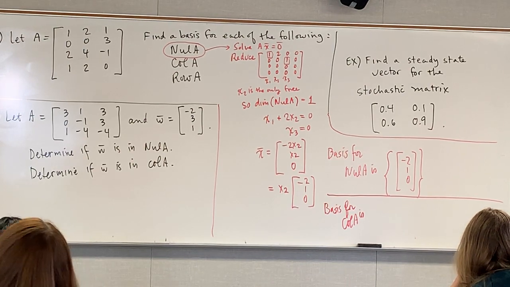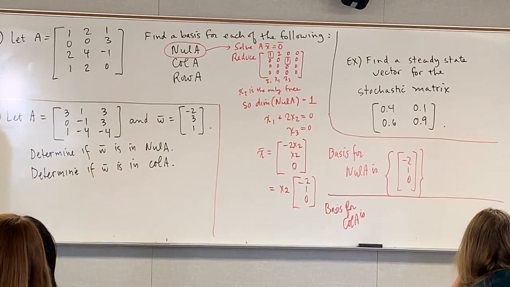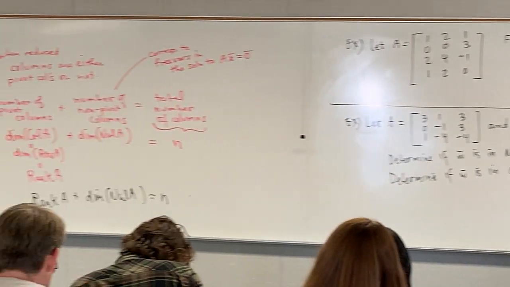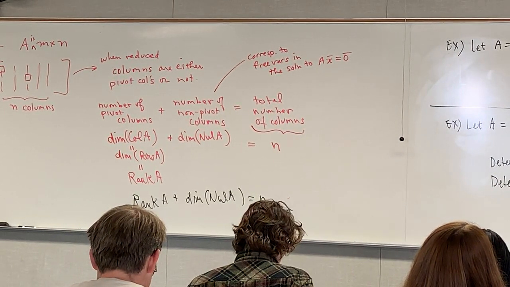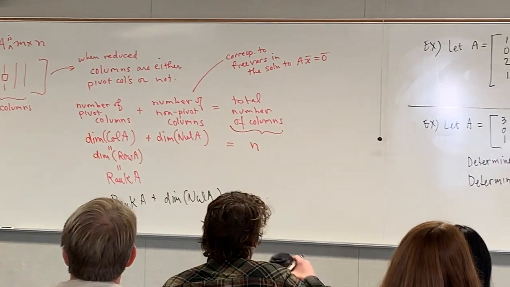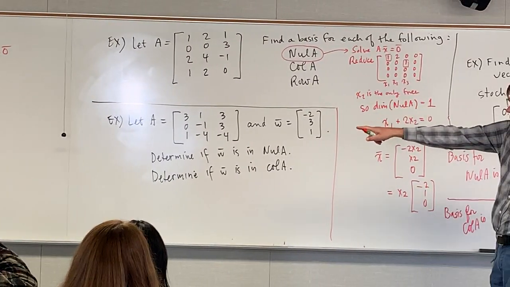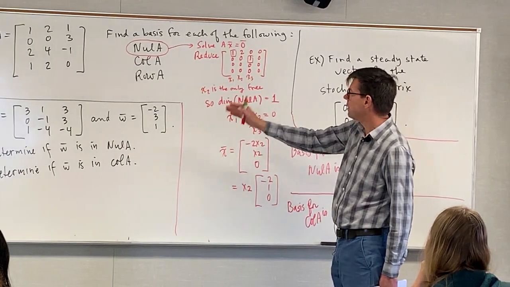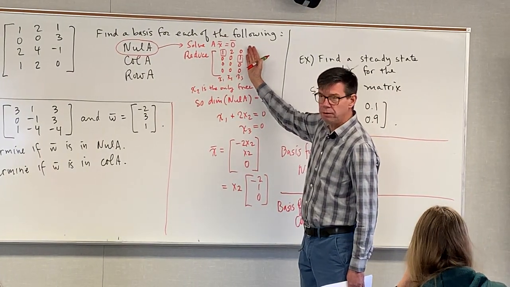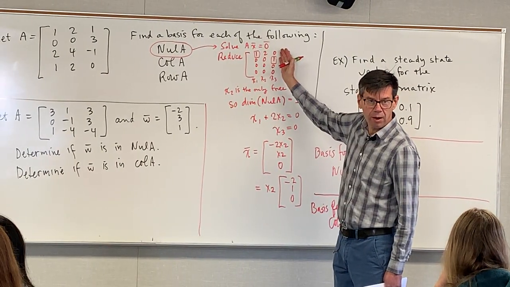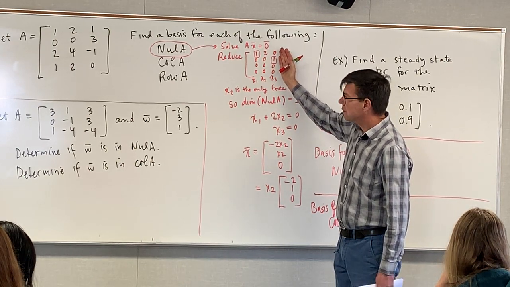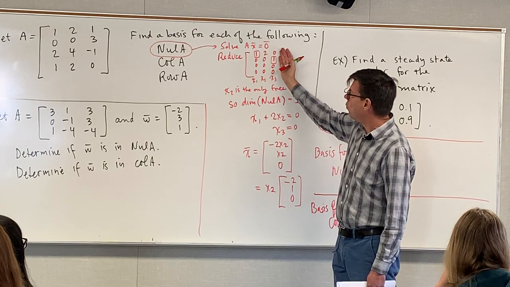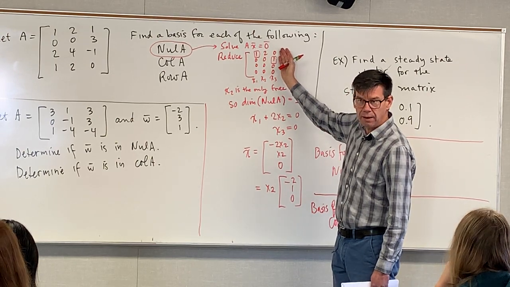Now, if you're looking at this rank equation, you might say, wait a minute, weren't there 2 non-pivot columns? Is that bothering anybody here when you look at this? So the rank equation applies only to the original matrix being reduced, not the augmented matrix. So it only talks about A. So in that rank equation, there's only one non-pivot column, 2 pivot columns.